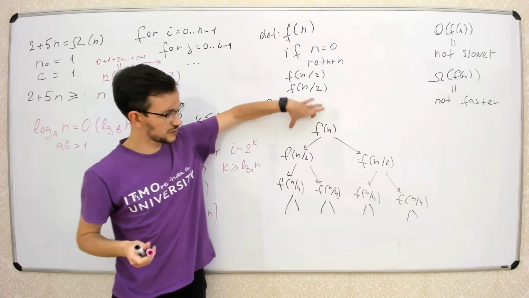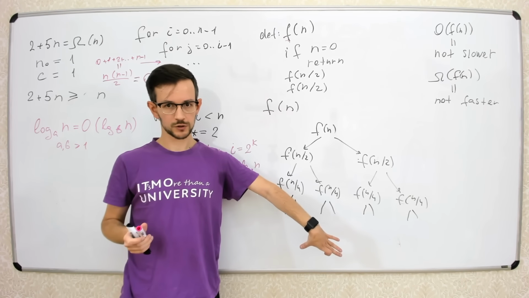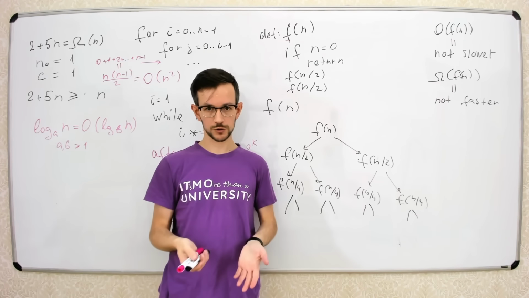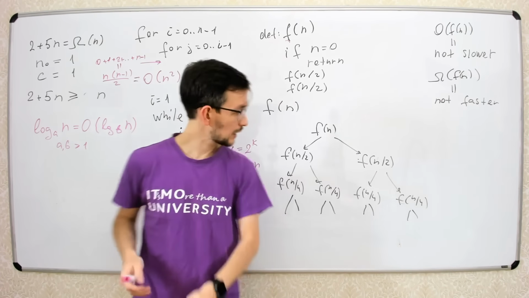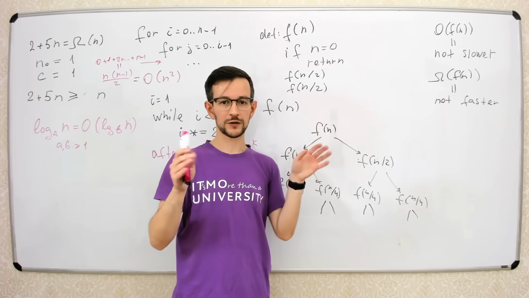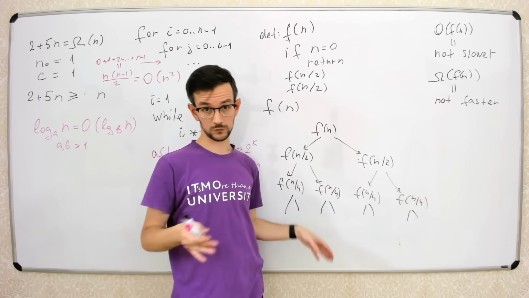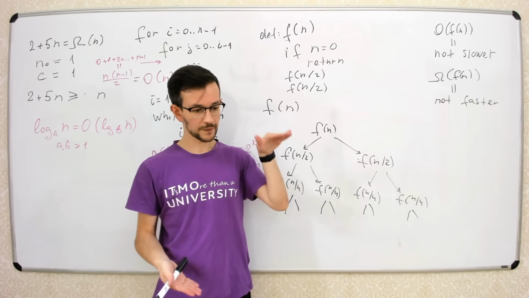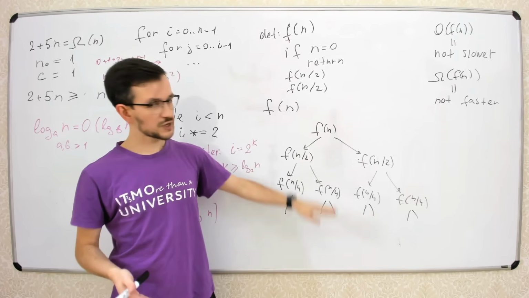So we have this tree of recursive calls. Let's calculate the total number of recursive calls. How to calculate the total number of recursive calls? We need to calculate the number of nodes in this tree. To calculate the number of nodes of this tree, we need to know its height.